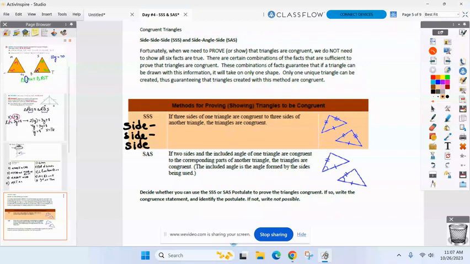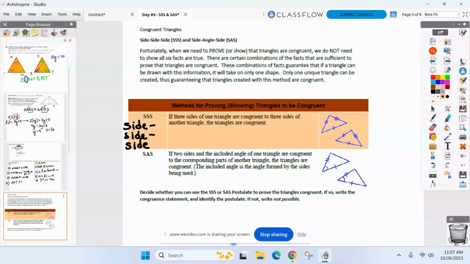What is that telling you? If you can show me all three sides are congruent, we're done. The triangles are congruent. You don't need to say a word about the angles. If you can show all three pairs of sides are congruent, that's good enough.